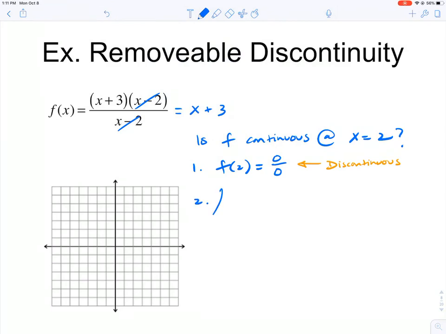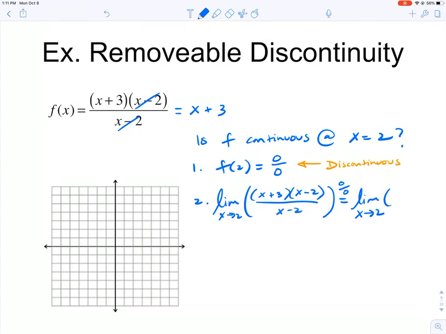So if we take the limit as x approaches 2 for f of x, I'm going to put that original function in here. Direct substitution initially would result in 0 over 0. So then we can take the limit as x approaches 2 of the simplified version of the function, which ends up giving us 5.